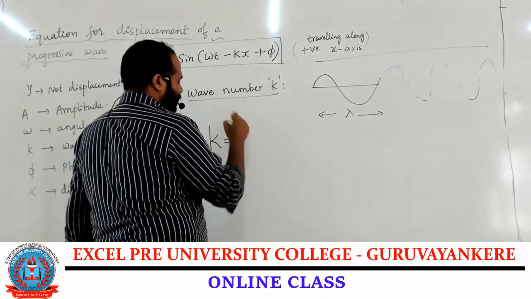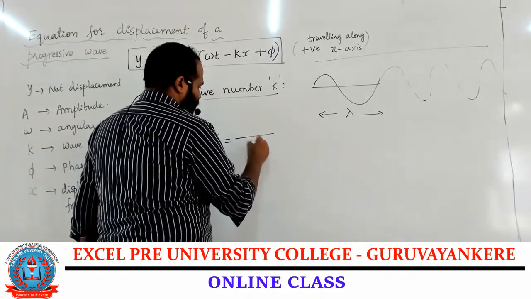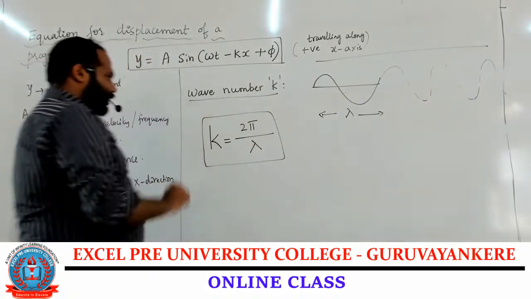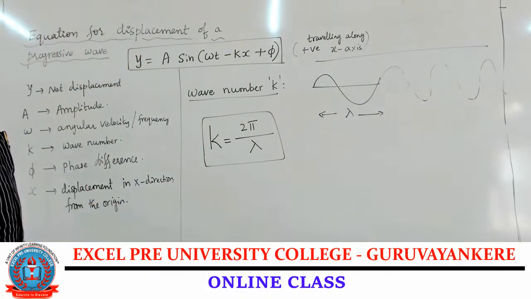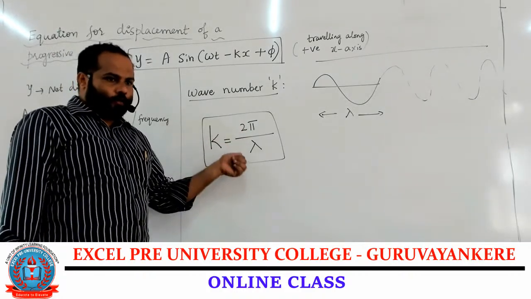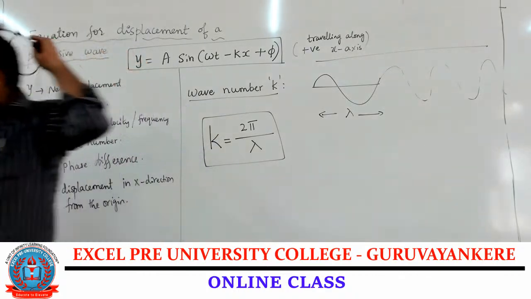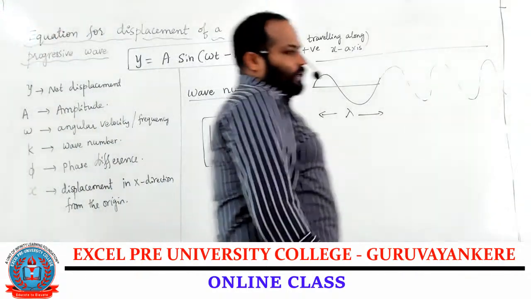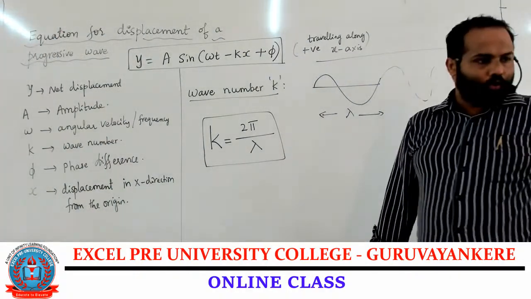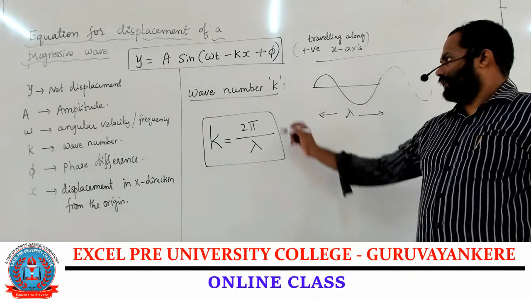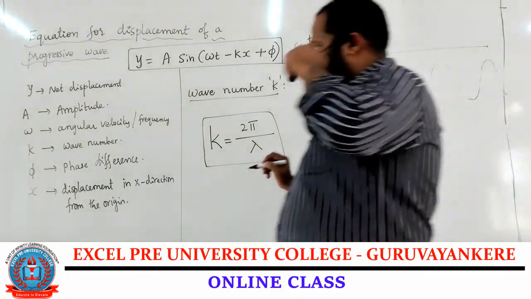If the linear displacement is lambda, the angular displacement is 2 pi, and that gives you the count of number of waves traveled. So wave number k is given by the formula 2 pi by lambda. That is wave number.